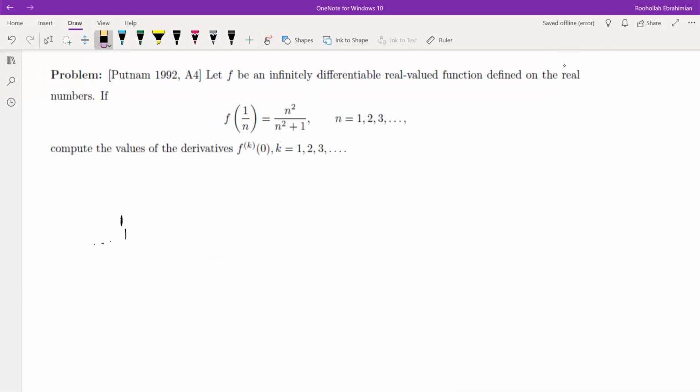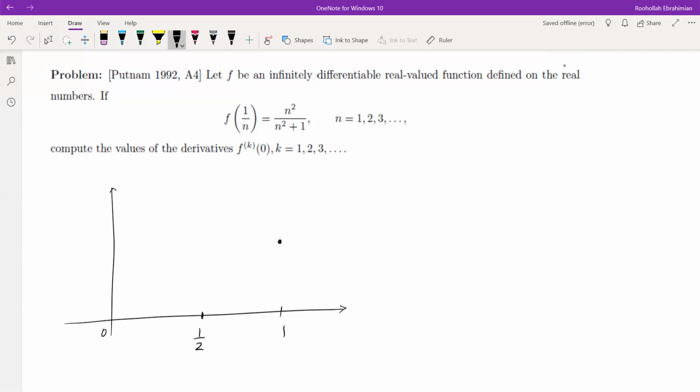Since these are all isolated points, I can intuitively see that I'm able to connect these in different ways. I'm given the value at 1, and I'm given the value at 1/2. At 1/2, if I plug in 2 into the formula, I get f of 1/2 equals 4 over 5.